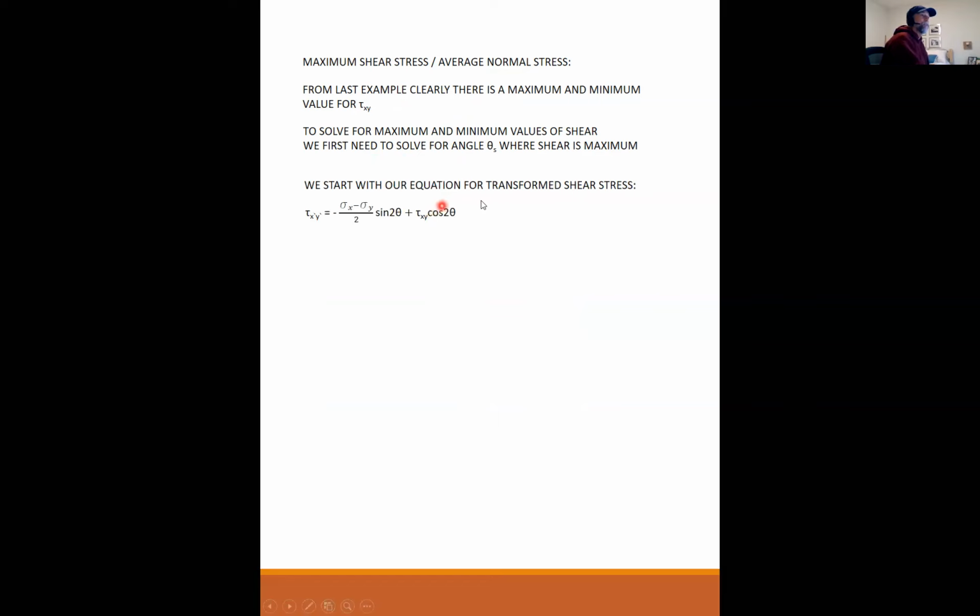We start with our equation for the transformed shear stress. We differentiate this with respect to theta and set equal to 0. I didn't go through the same math, but basically what you end up with is tangent of 2 theta s is equal to negative sigma x minus sigma y over 2 over tau xy.